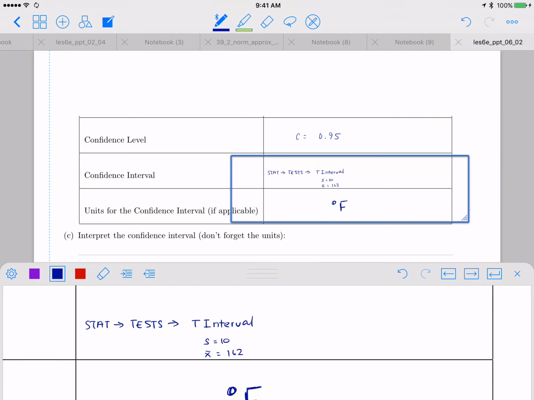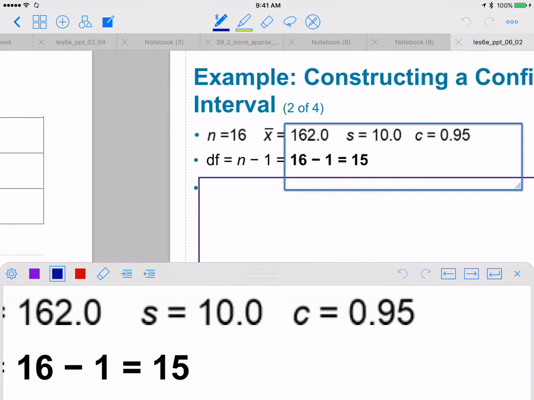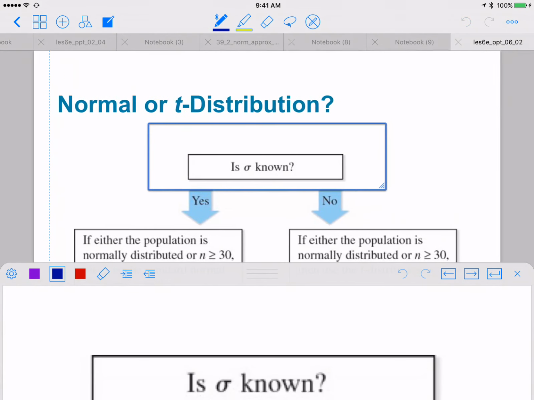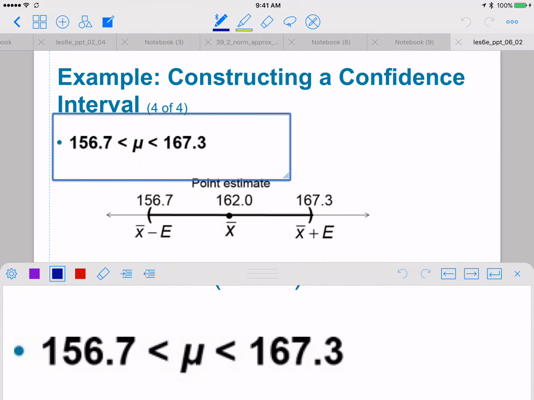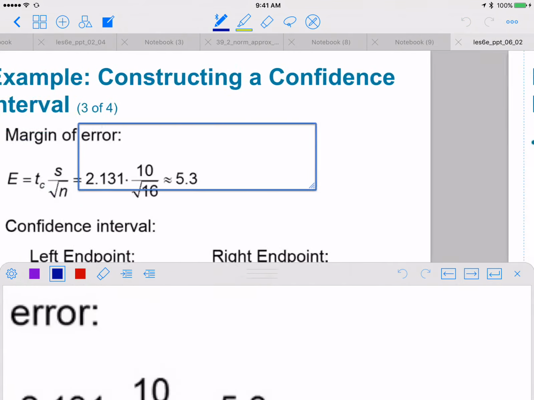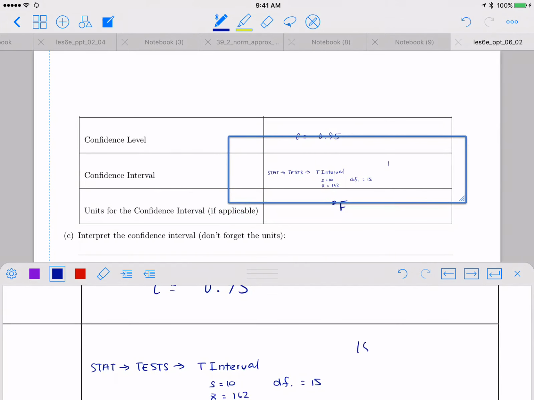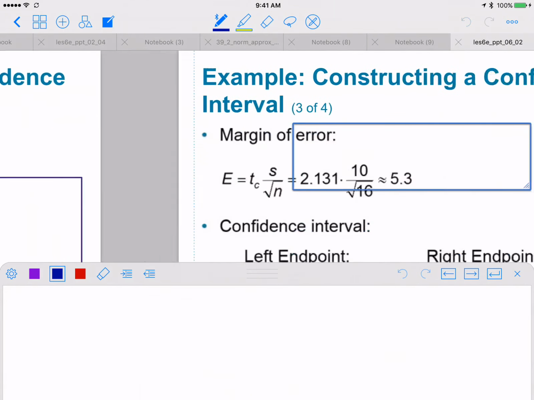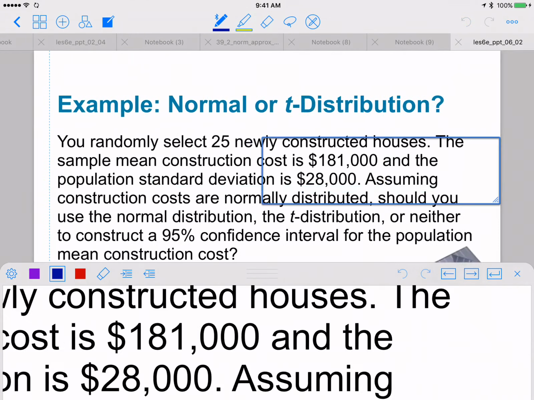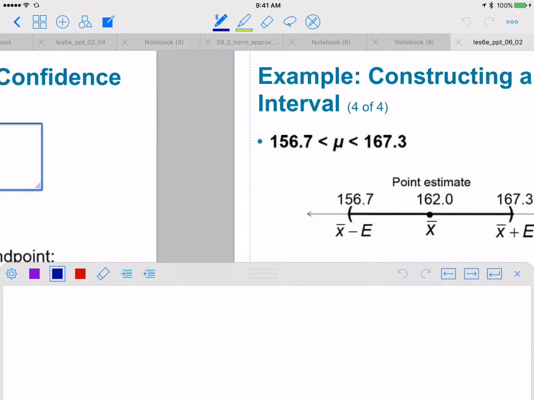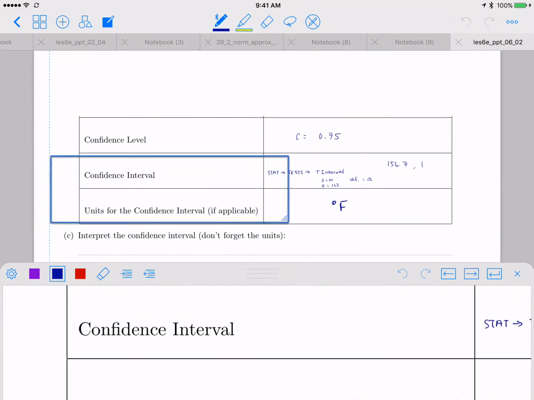Degrees of freedom equals 15, and I think it spits out the answer, which should be 156.7 to 167.3. So our final answer is going to be 156.7, comma, 167.3.